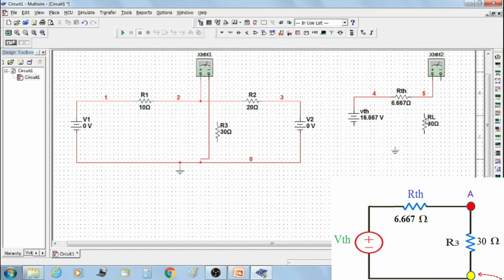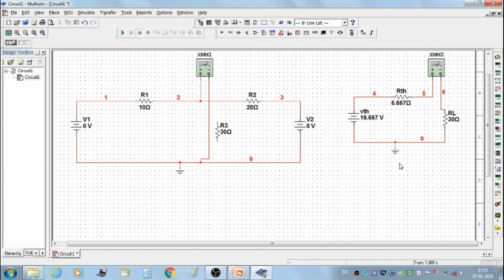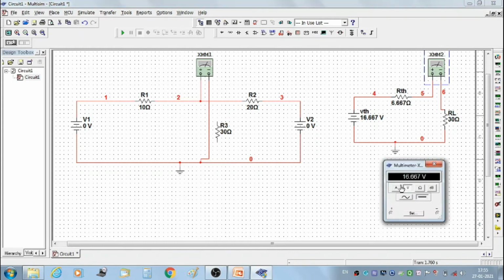This means we want to calculate the current IR3 flowing through the load resistance, which is flowing through the given Thevenin's equivalent resistance. Then double click on the multimeter, set the multimeter in the DC ammeter range, and then start the simulation. We get the current flowing through the load resistor equal to 454.55 milliampere. Then stop the simulation.